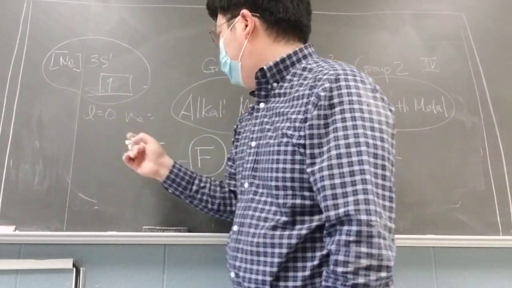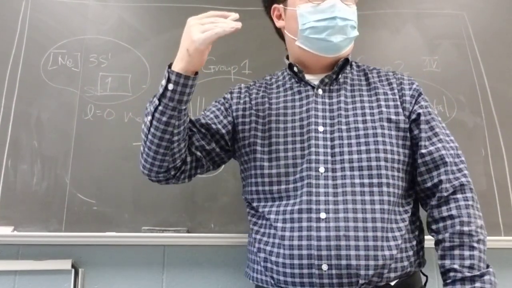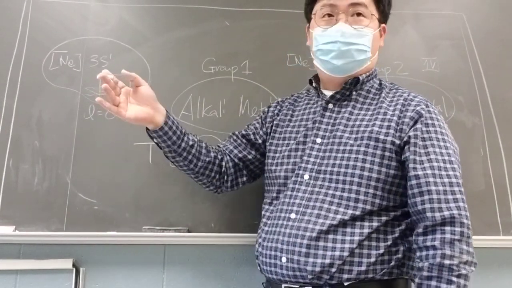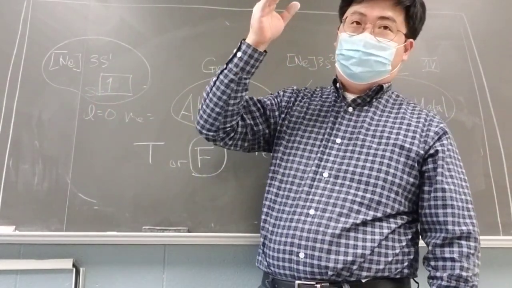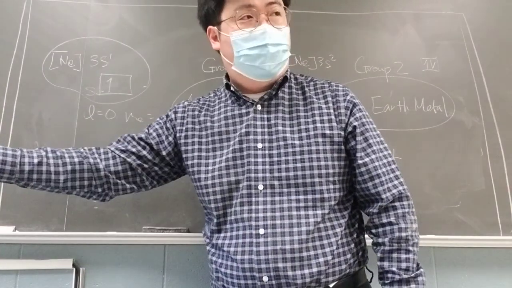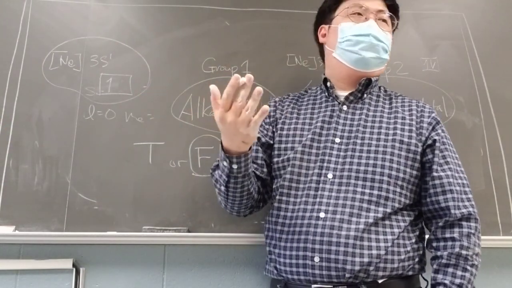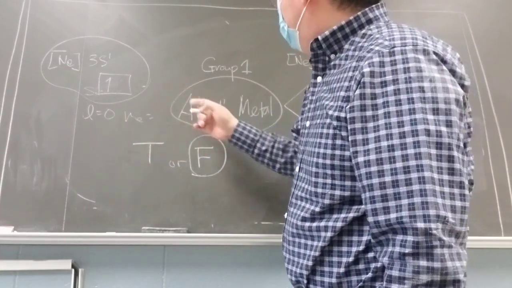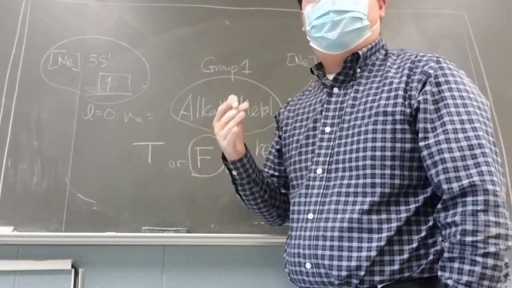So when they react with water, they want to drop the electron almost right away. That is why the ionization energy for group 1 is very low. They just want to drop the electron so quickly, meaning they're very reactive because they want to react with water. So the reactivity of the alkali metal with water is very high.